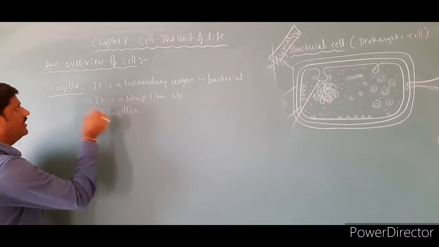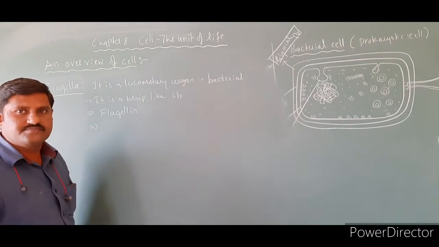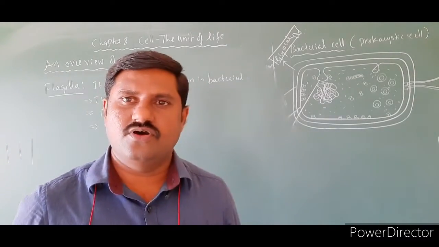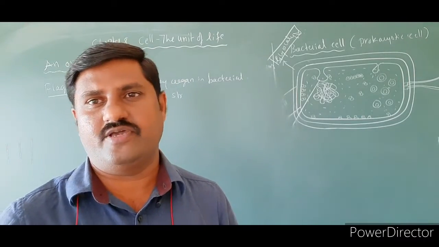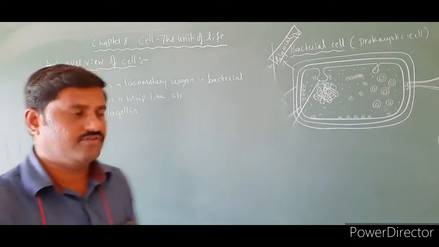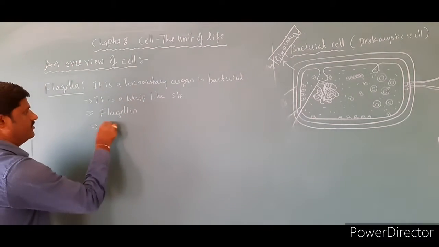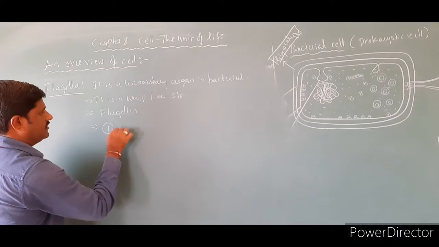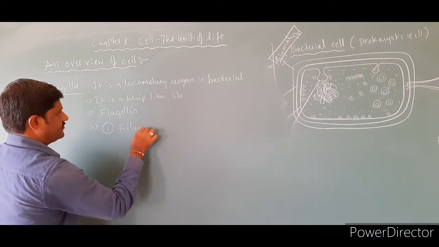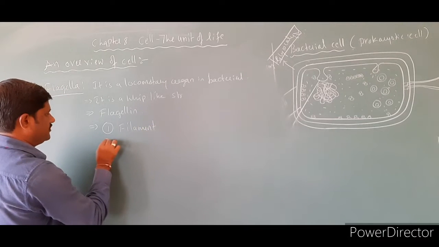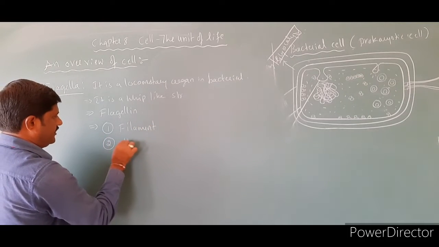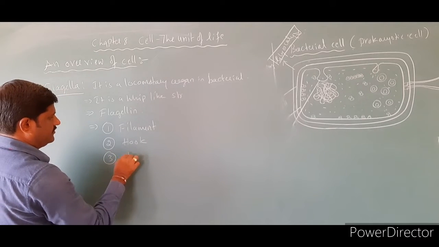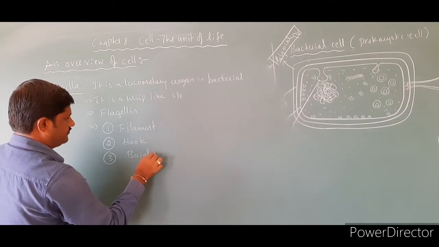So there are three parts that we come across in flagella. What are those three parts? The first one is filament, the second one is hook, and the third one is basal body.